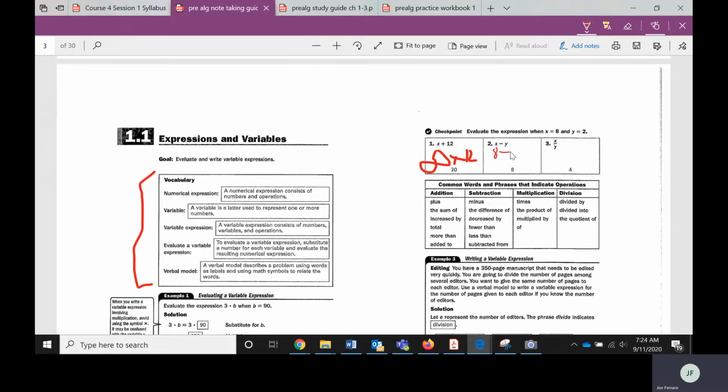So it has to be the 8 there, has to be the 2 there. 8 minus 2 is 6. Again, this has to be 8 on top. That's very ugly, but it works. 2 on the bottom. Now, a fraction is just another way to write division. So when it's 8 over 2, 8 divided by 2 is 4.